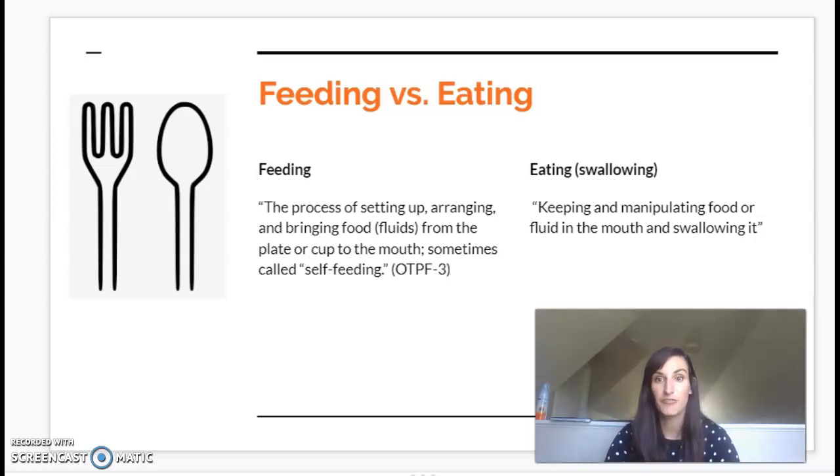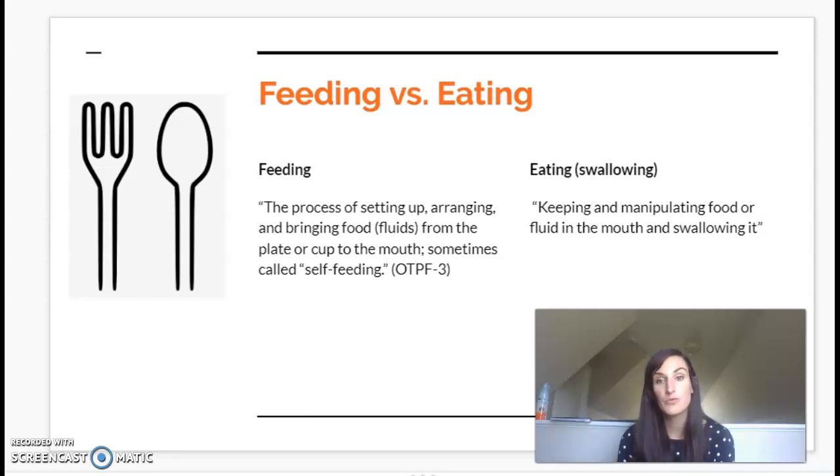That is essentially bringing food to your mouth. Eating is what happens once the food is in your mouth: keeping and manipulating the food or fluid in your mouth and then being able to successfully swallow it. So feeding is from the plate to your mouth. Eating is what happens once it's in your mouth.